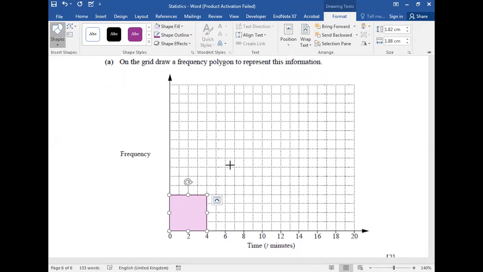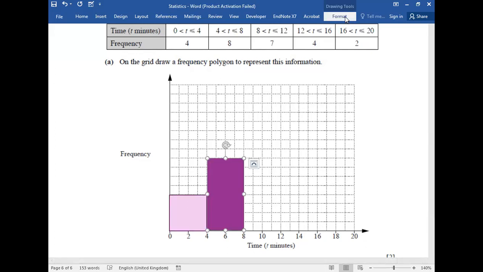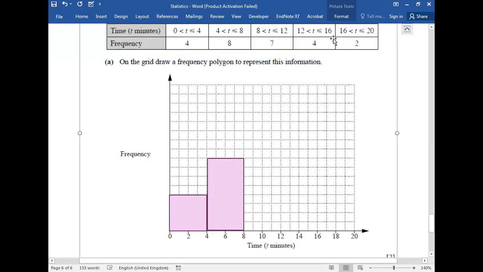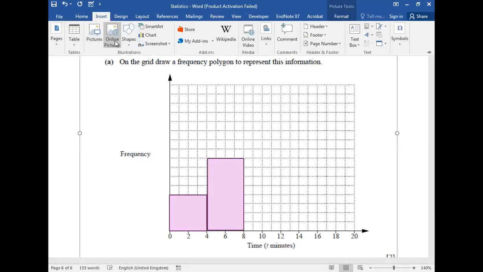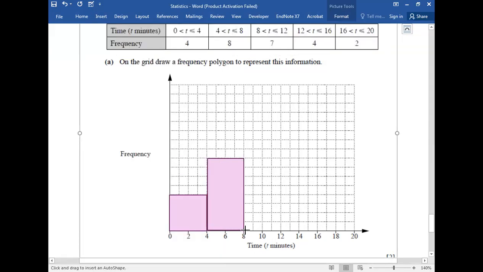And then from 4 till 8, the frequency is... and then the frequency is 7 from 8 till 12.